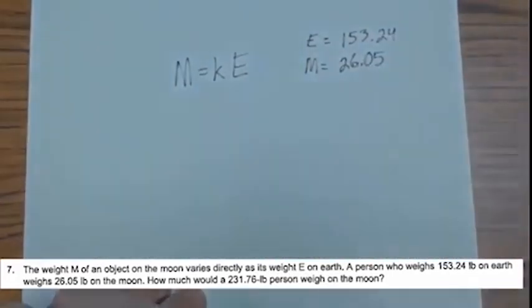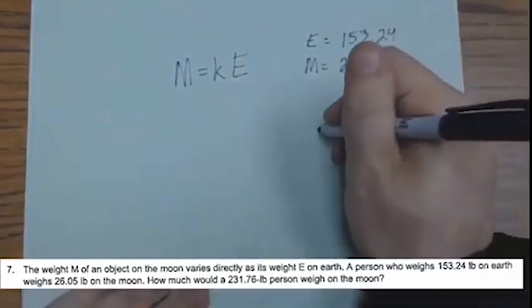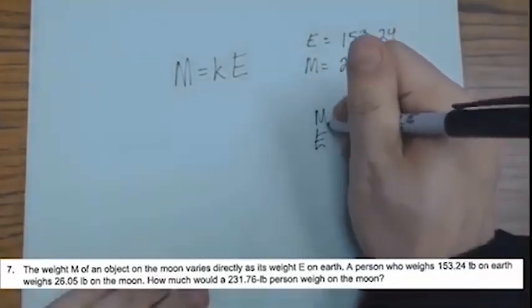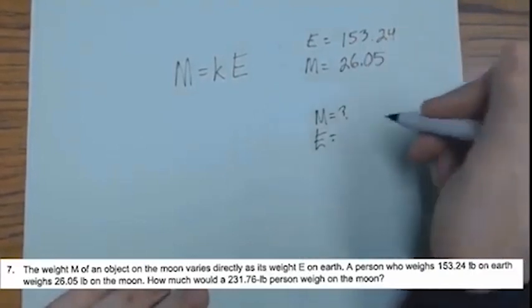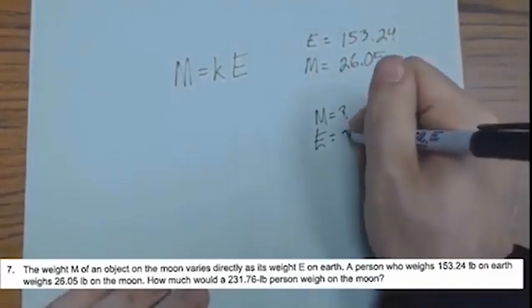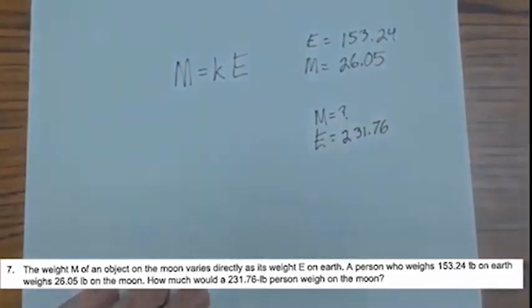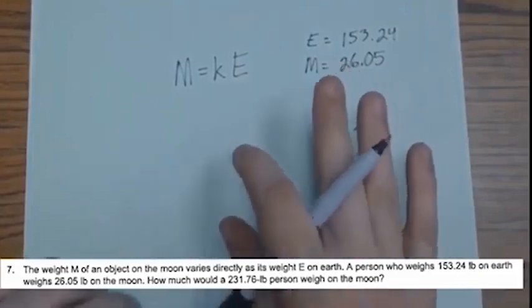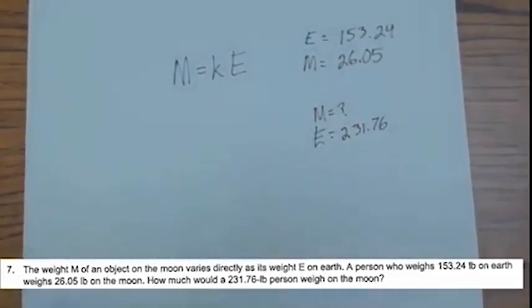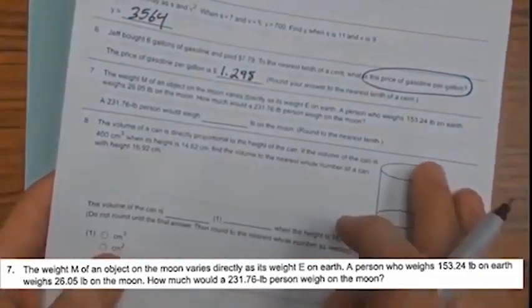So m is 26.05. Then we want to know what's m, the moon weight of a person with an Earth weight of 231.76. So what's m when e is 231.76? So we pulled this out of the word problem.